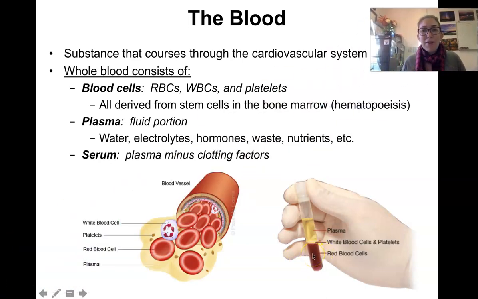So usually about a third to a half of the blood should be red blood cells. And then this tiny little band in the center here represents the white blood cells and platelets, which are like clotting factors. So the white blood cells are really a very small portion of the blood, but that portion is larger if you have an infection or like a white blood cell cancer.